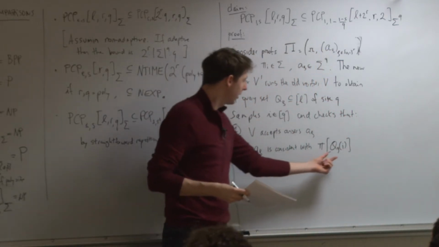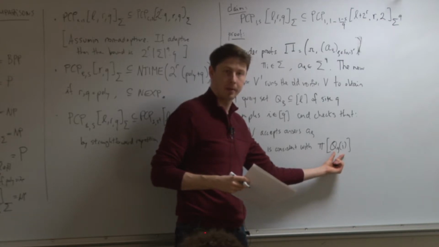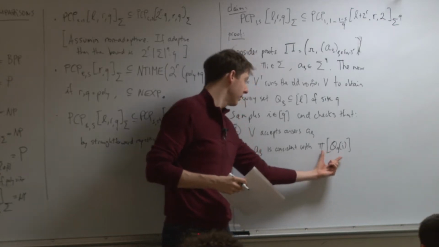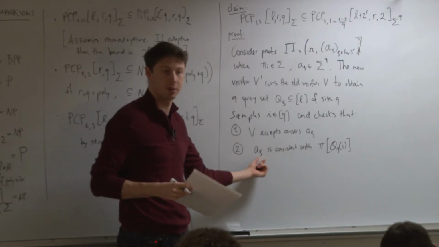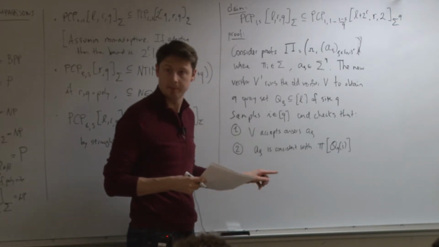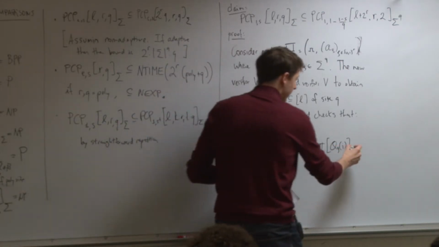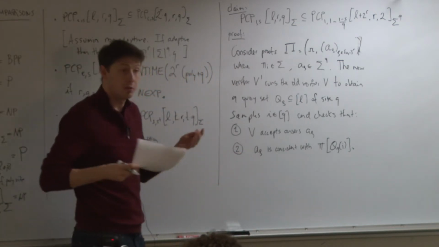So the ith location here will give you an index in the original proof, so you will get it here, and then you need to make sure that whatever symbol inside here is the correct one. Just check it. That makes sense? All right, so this is the new verifier.